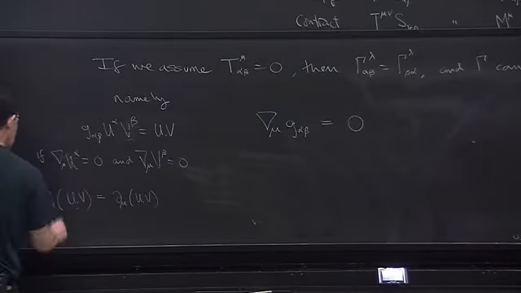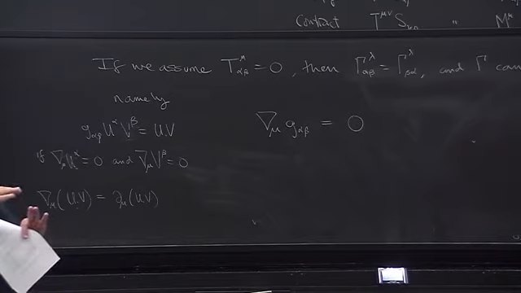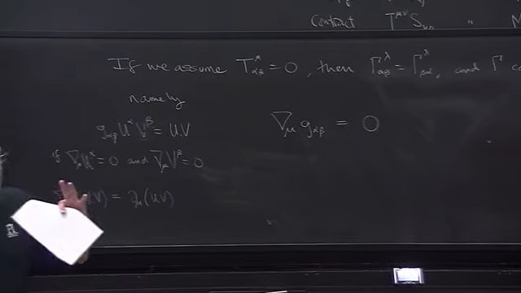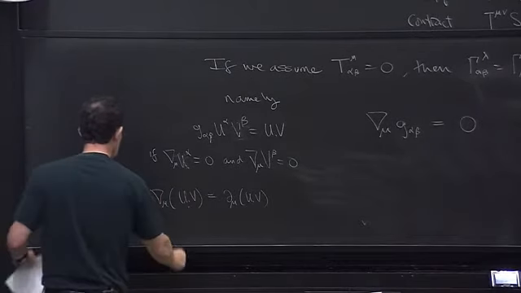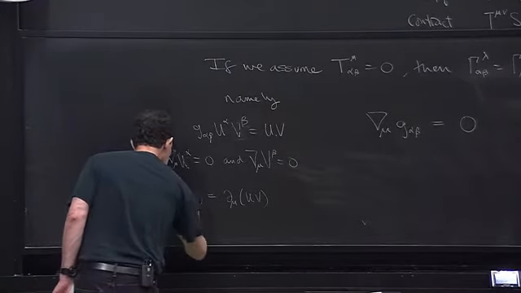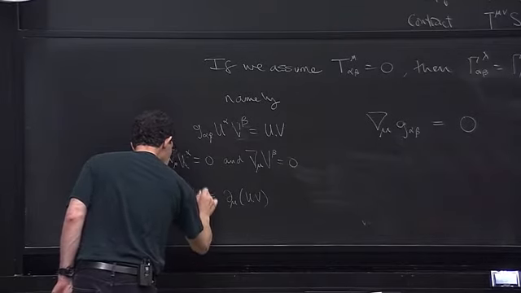Well, this is what I want to emphasize: the covariant derivative obeys the same law as an ordinary derivative, in that if you differentiate a product, it's the sum of derivatives. So let's just write that out: g_αβ u^α v^β.